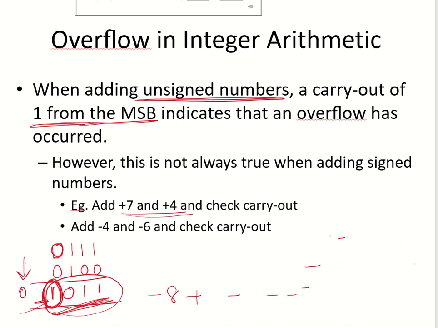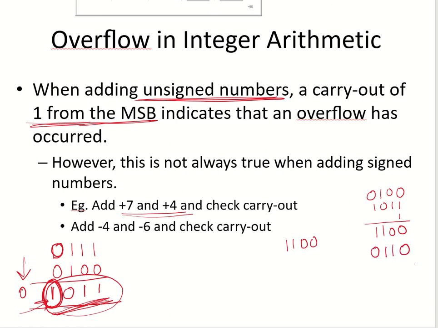Let us add minus 4 and minus 6. First let me represent minus 4 in its 2's complement. This is plus 4, invert it, add 1. This is minus 4. So here is minus 4 and let me represent minus 6 also.